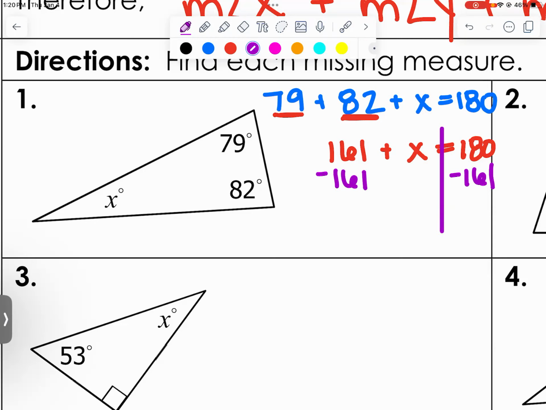They're going to be 4x plus 7 and 7x minus 22 and all these crazy things. So we need to be able to set it up this way. So 180 minus 161 gives us, Emma, 19. So this angle right here is 19 degrees. Sound good?